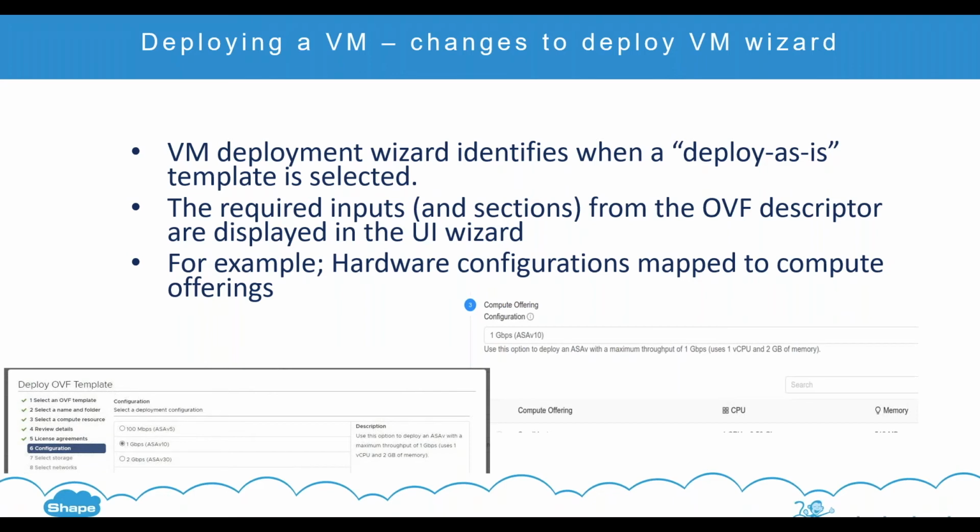So there's an example there. Hardware configurations are being mapped to compute offerings. That compute offering is specified when somebody's creating a VM, because the OVF in its configuration says that's what it needs: that many CPUs of that particular clock speed and that much memory. So we're pre-deciding that and saying this is what you need to support this appliance.